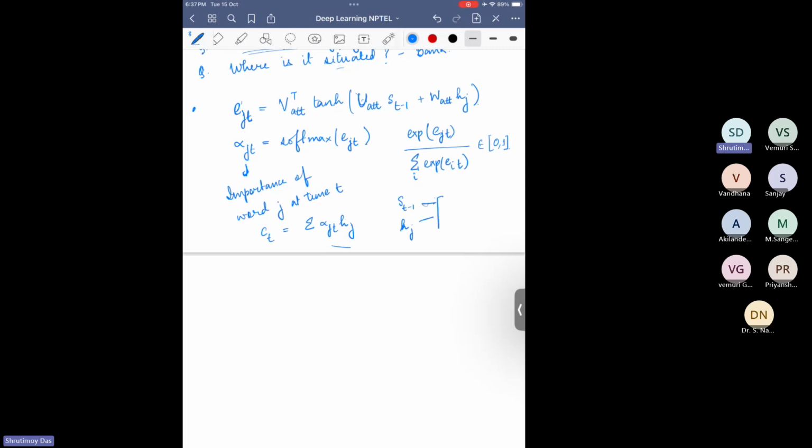Let us say we have some network like this, and your weights here are U attention, here your weights are W attention, and now you use your non-linearity here, which is tanh, and you get something. And now you have a V attention weight here, and then you get back this EJT value. So you can say that this is a small type of attention network that you have.